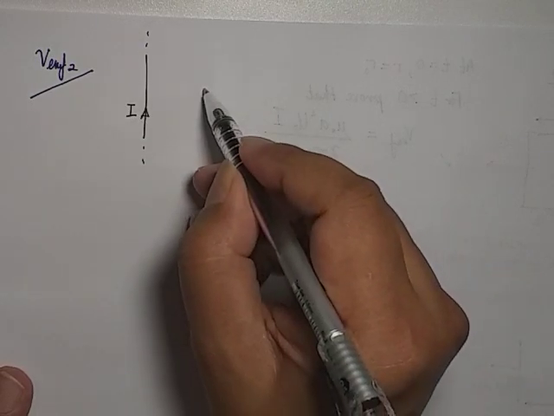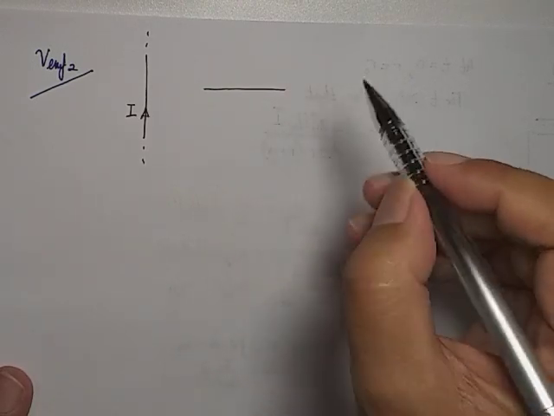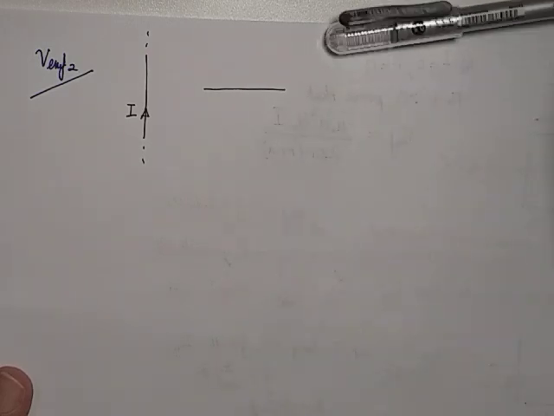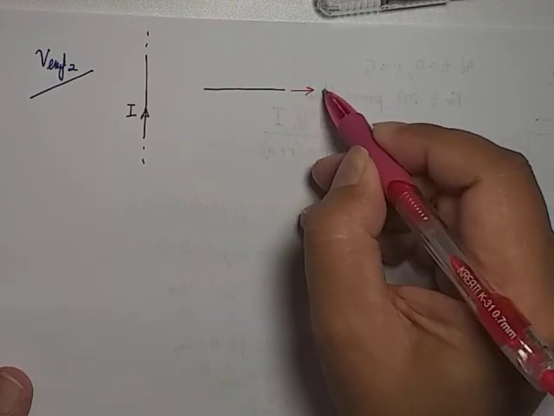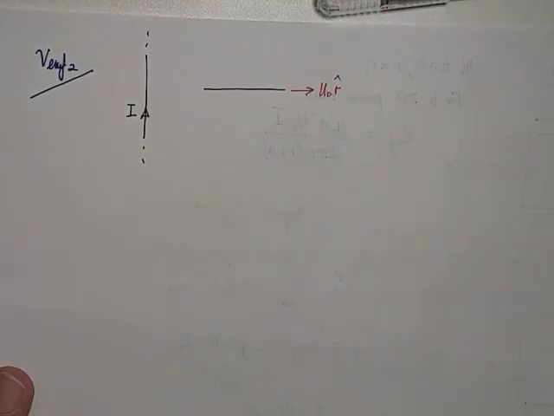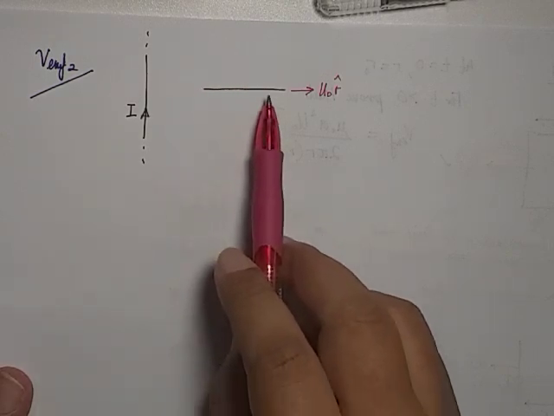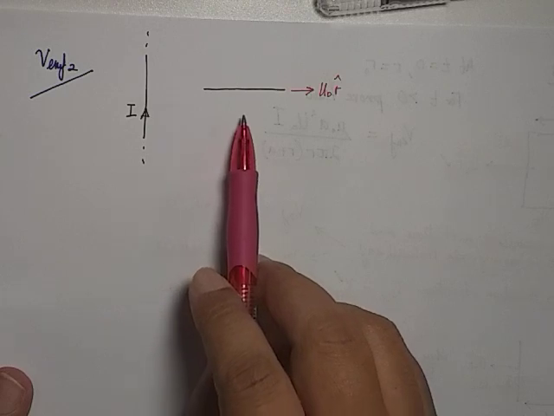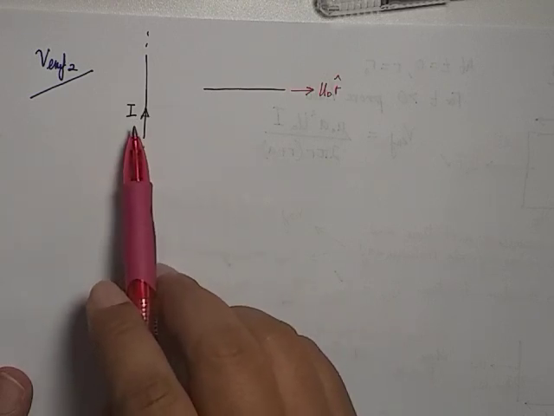The second conductor is this conductor, side number 2, moving in this direction u, not the r direction. So what we have is still a conductor moving in a medium containing the magnetic field generated by the current in this straight line conductor.